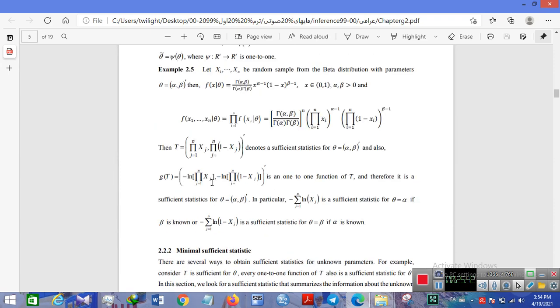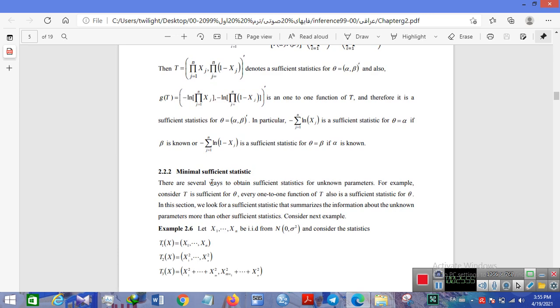In the next part, we talk about the minimal sufficient statistics. As we discussed here, there are several sufficient statistics. Which one should we select to make the statistical inference?